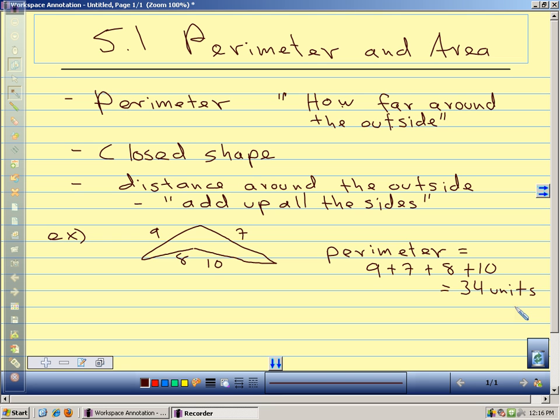And when we talk about volume, we'll be talking about cubic units, cubic inches, cubic meters, cubic feet. So we're going to be kind of picky about how we do the units. If it doesn't give us units, we just say units.